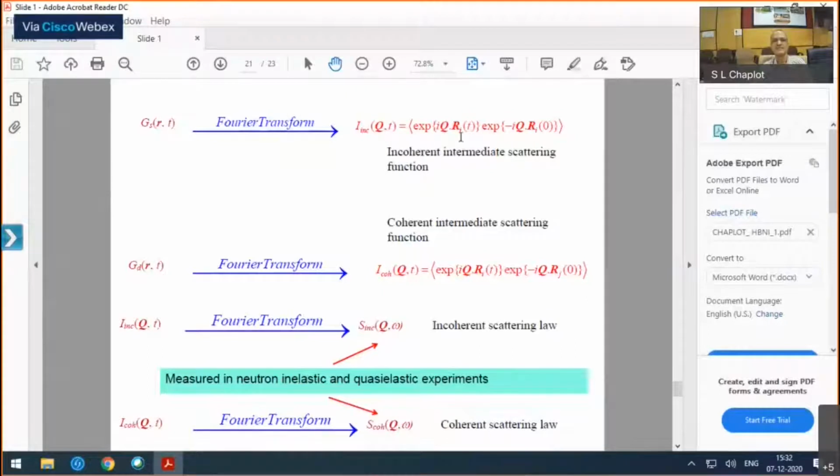And so the probabilities which were written in terms of delta function, these are just exponential of i Q dot R_i of t and exponential of minus i Q dot R.